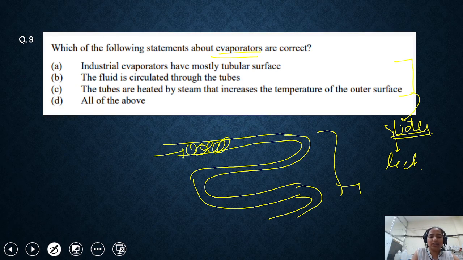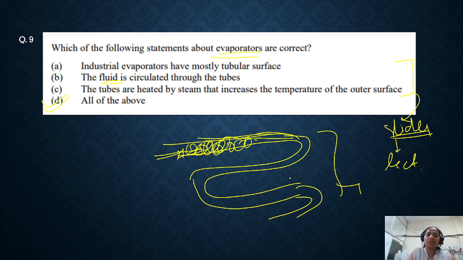If you speed up how fast the fluid circulates, that is much better for this process, meaning better evaporation will occur. So for this question, all the things are correct. The tubes are also heated by the steam, that's why their outer surface is also heated up, so the temperature of the outer surface is increased. So the answer is D.